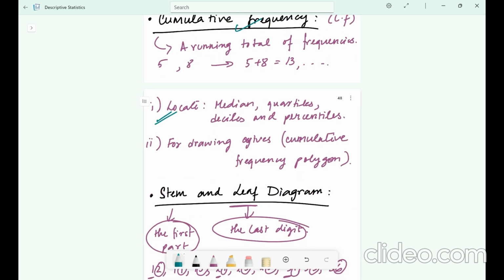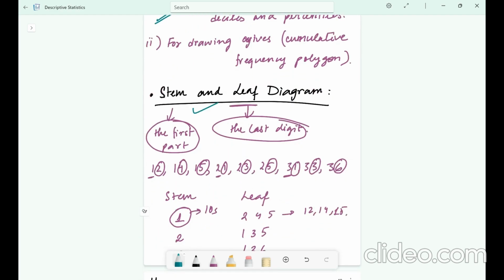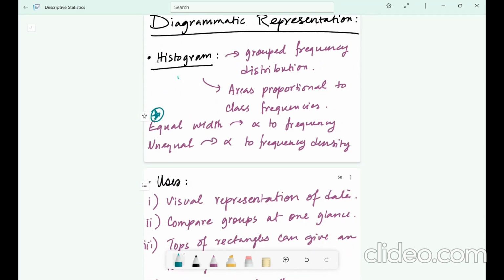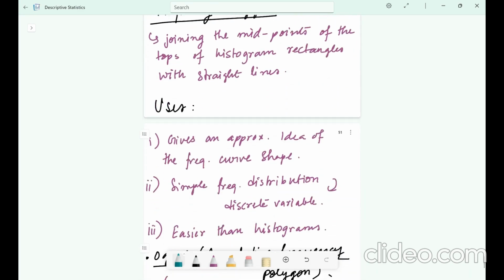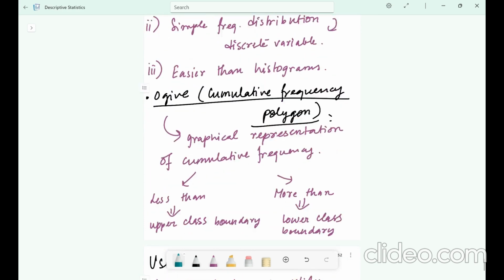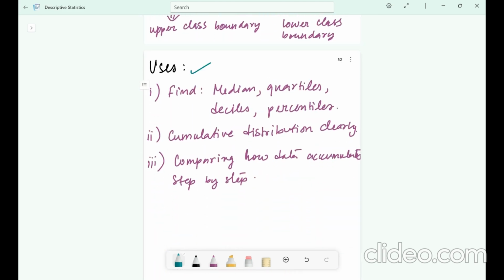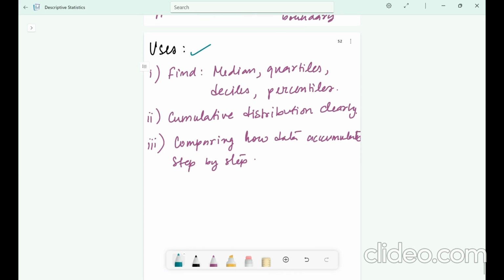Then the stem and leaf diagram. Then we have the diagrammatic representation, in three parts: histogram and its uses, frequency polygon and its uses, and the last, ogive and its uses. That's a lot, but trust me, once you get this, you have unlocked a big chunk of statistics basics. In the next video, I'll teach you how to plot graphs step by step.